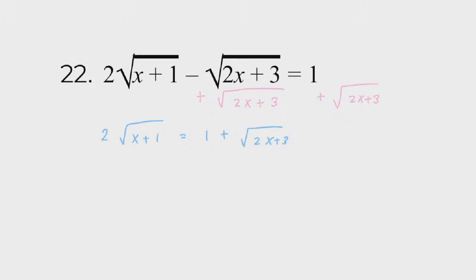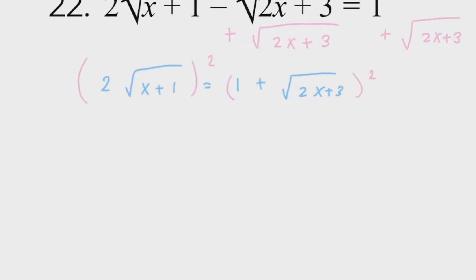We can get rid of the square root on the left by squaring both sides. So then we'll get 4 times x plus 1. So make sure you multiply the 2 on the outside by this, or square the 2 on the outside as well. And then for 1 plus radical 2x plus 3 squared, you can use perfect square trinomials.